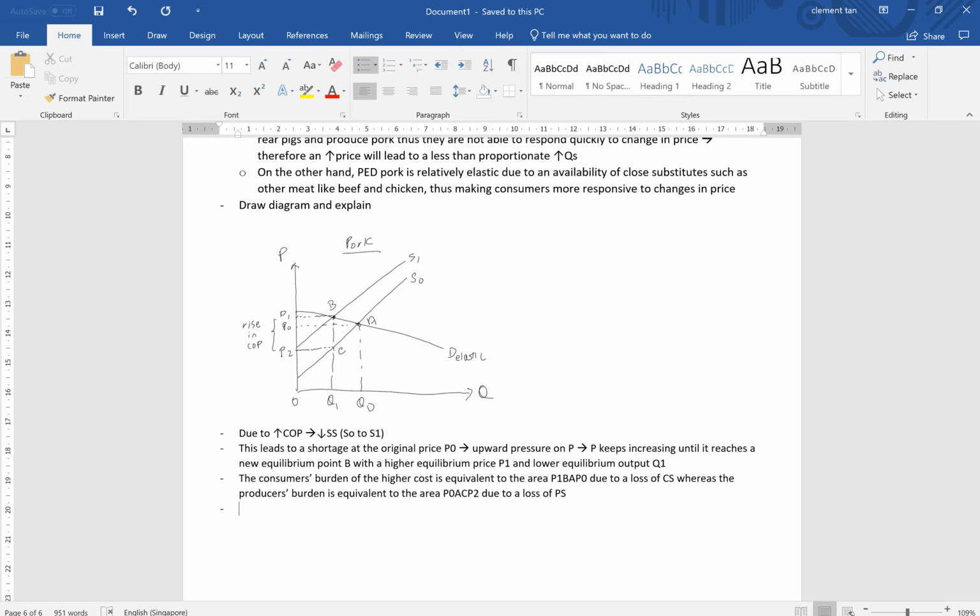Only then you say that since PES is less than PED, the producer's burden is relatively larger than the consumer's burden, thus explaining why, linking back to the question, farmers are finding it tough to pass the rising cost of pork to consumers.